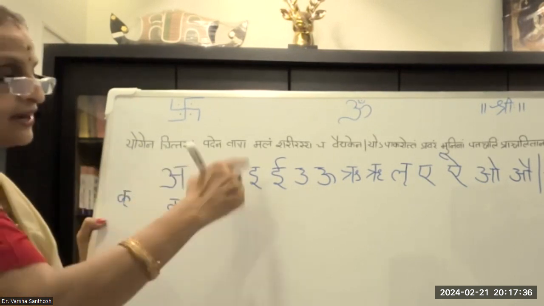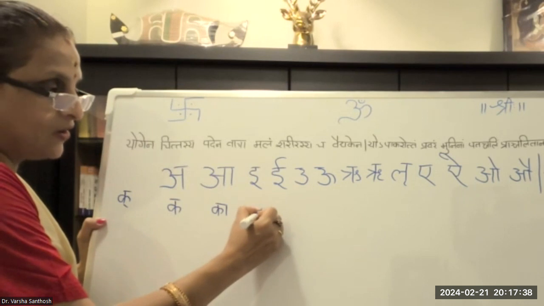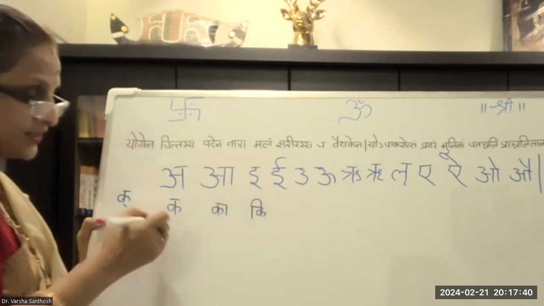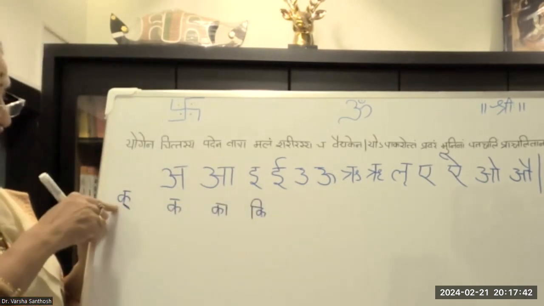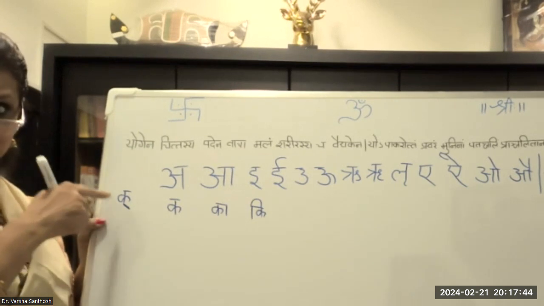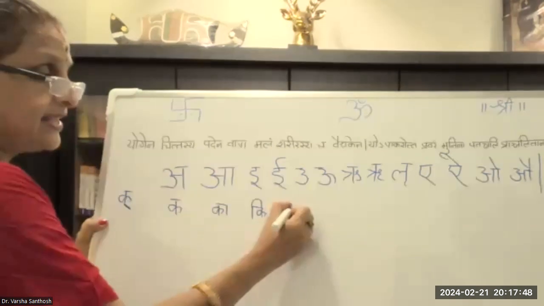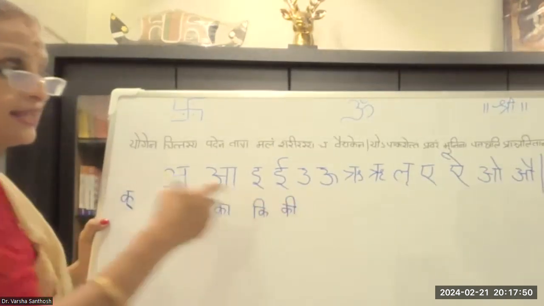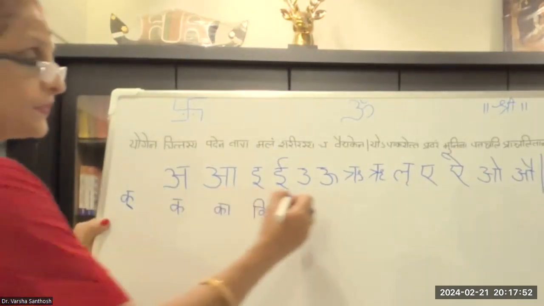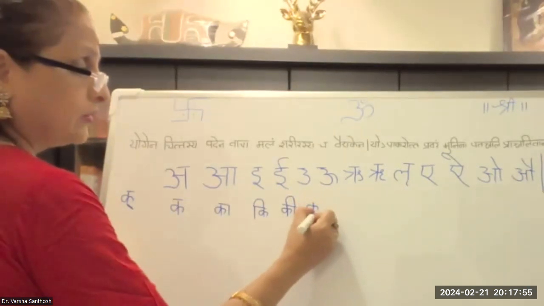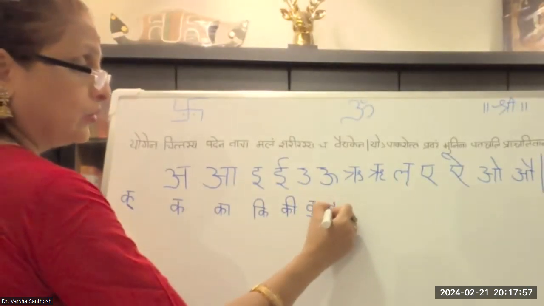When this k we add with i, we get ki. On its own, it is not existing. On its own, it is existing at this level. From this level, when we add, if we add i, ki.